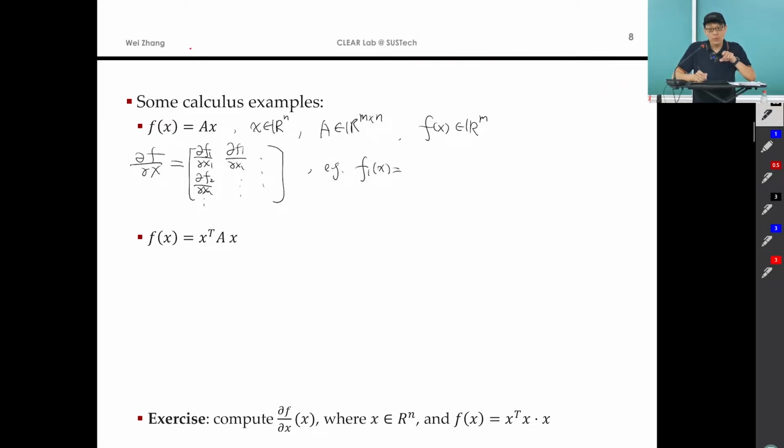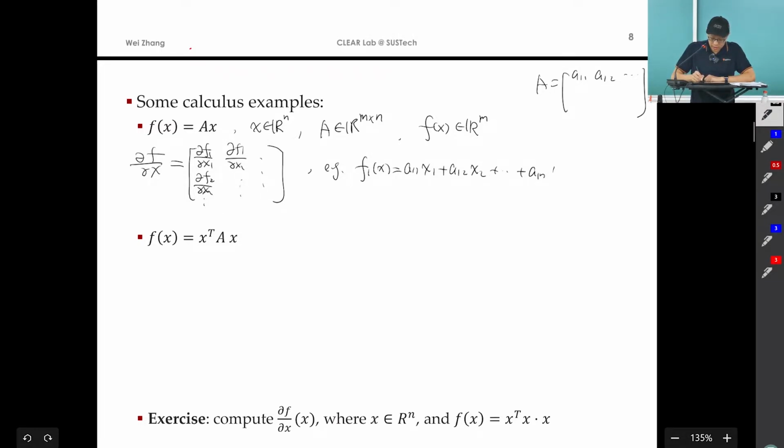It is the first row of A times X. Let's say A equals A11, A12, using shorthand notation. So the first row of F is the first row of A times X, so it will be A11 X1, A12 X2, all the way to A1n Xn.